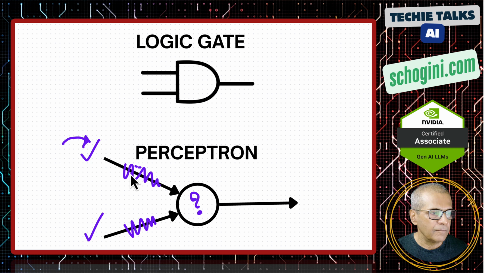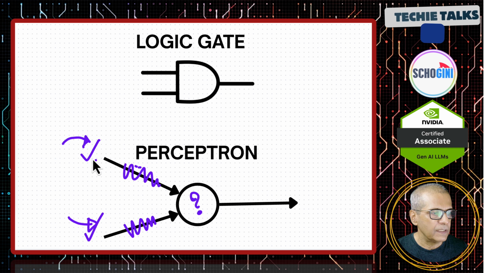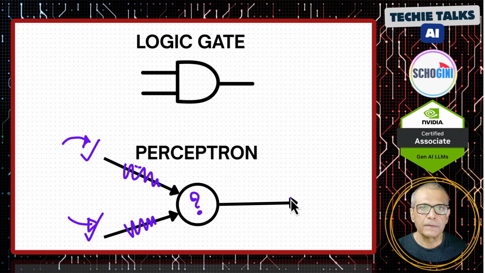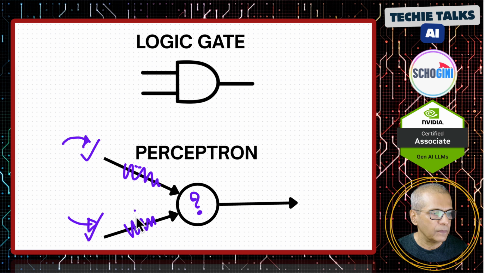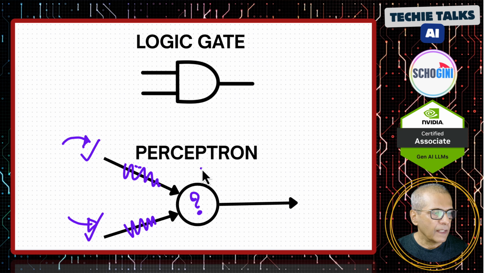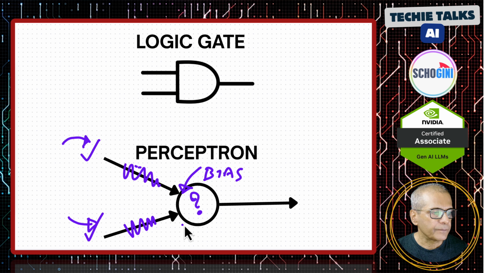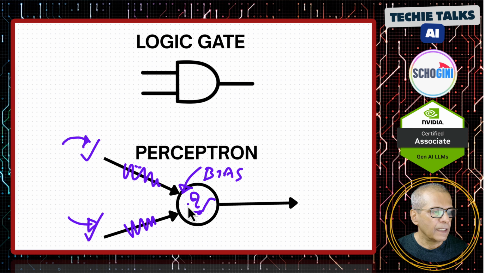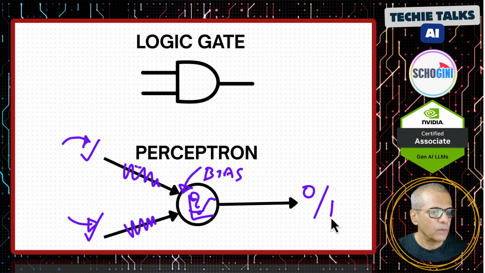By adjusting the weights on these inputs, this can control the influence these inputs have on the output. So essentially, we multiply the weights with the input value and add it, and then add a bias, and then we have an activation function which will produce 0 or 1.